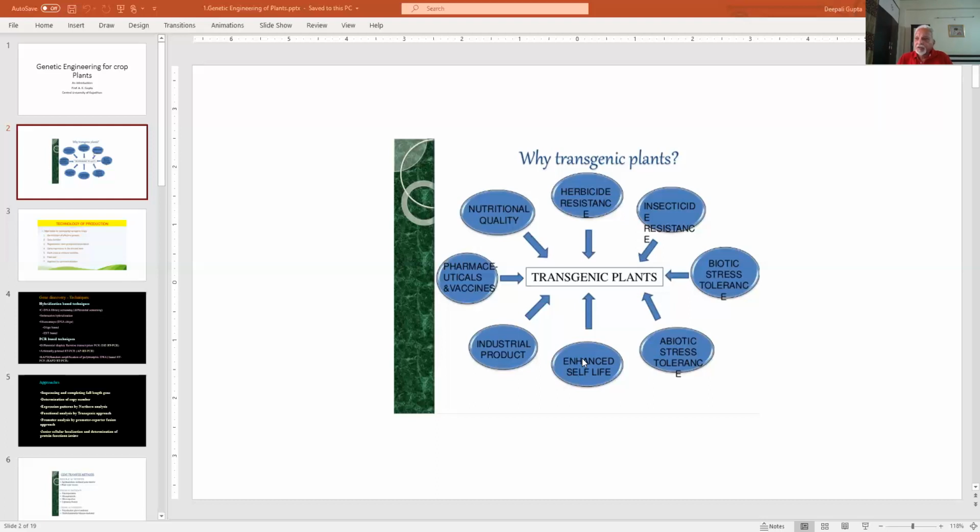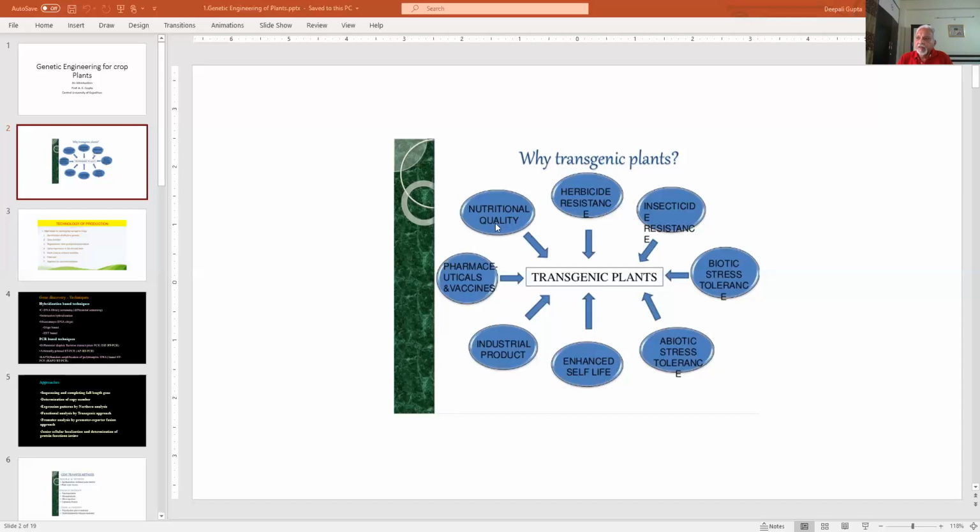And then nutritional quality is changed. For example, a hot example is the golden rice, where normally rice doesn't produce vitamin A, but now it is possible that vitamin A can be produced in rice.